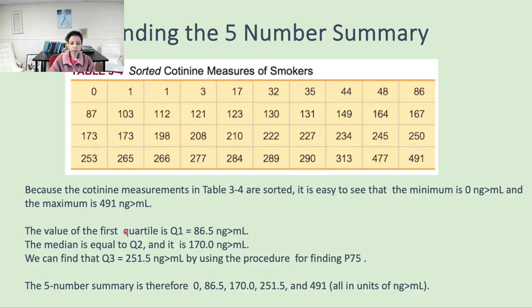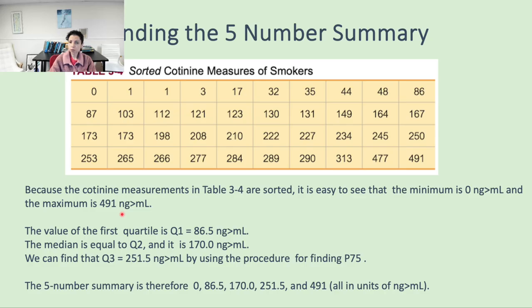The first quartile is 86.5. 86.5 is halfway between this value and this value. That's our first quartile. Our 50th percentile, or our second quartile, is 170. 170 is midway between this value and this value, 167 and 173.